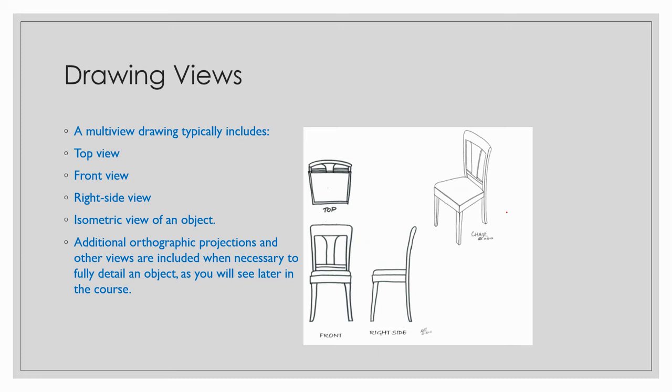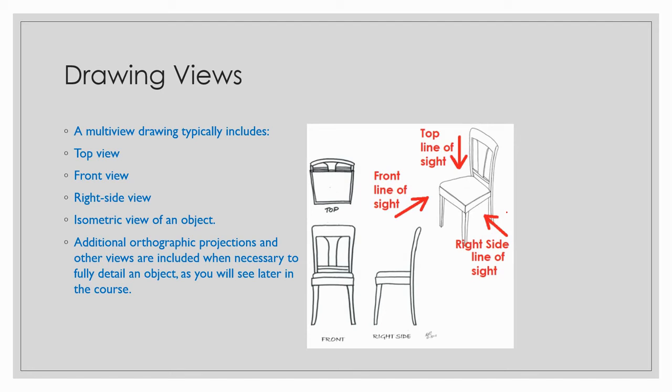So basically what that means is sometimes objects require more than these top, front, and right side views to convey all the information. But typically we want to include those three plus the isometric. It's also possible, however, that you may only need two views. You might just need a front view and top view, or a front view and a right side view.